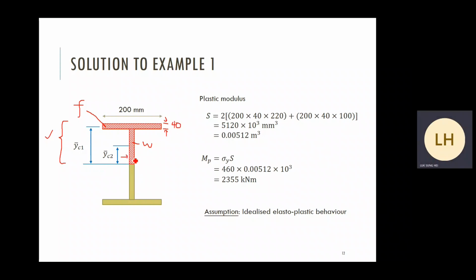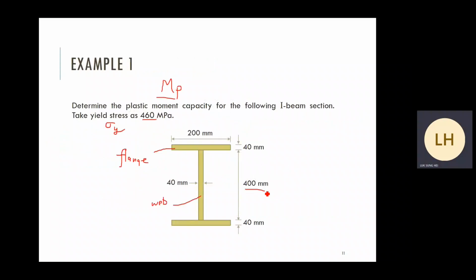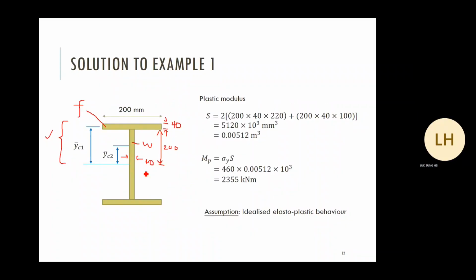The thickness for the flange, for the web is also equal to 40. The height, 200, am I right? Let me double check. Yes, 200 mm. You can put down the geometry dimensions on the picture.